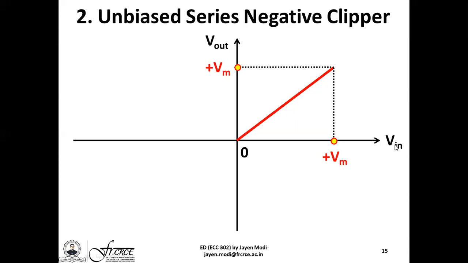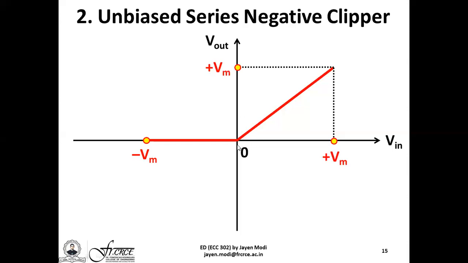So whatever changes occur in the AC input signal, those same changes will be translated towards the output terminals as well. However, for the negative half cycle, since the diode D is now reverse biased, you do not have any output signal obtained at the output terminals.